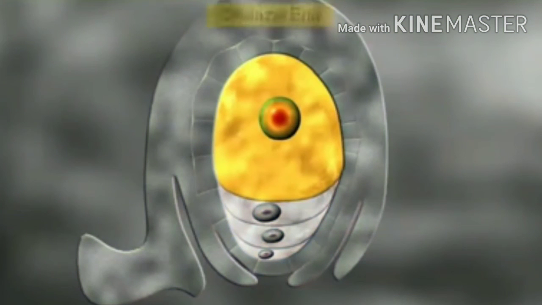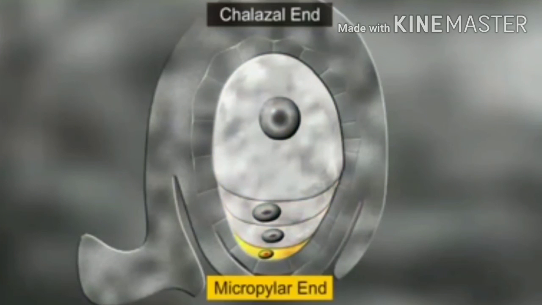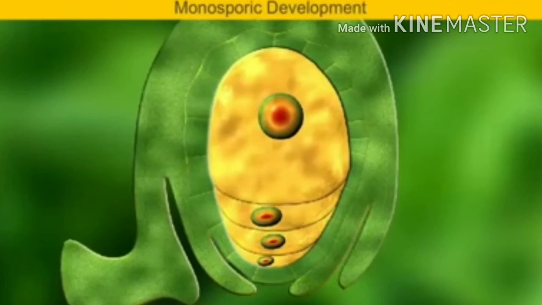The nucleus of the functional megaspore divides mitotically to form two nuclei, which move towards the opposite poles, forming a two-nucleate embryo sac.